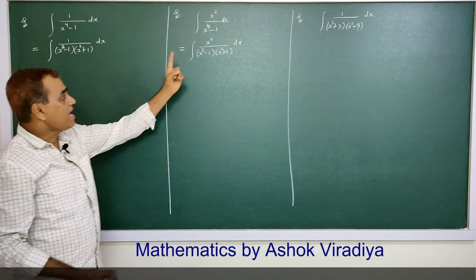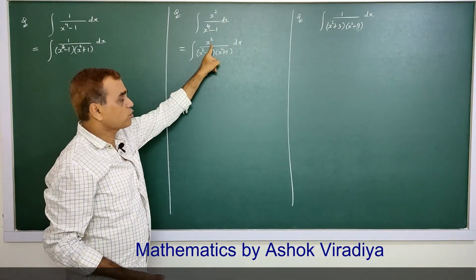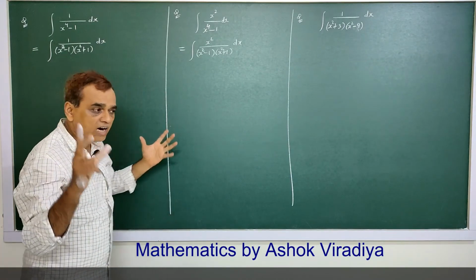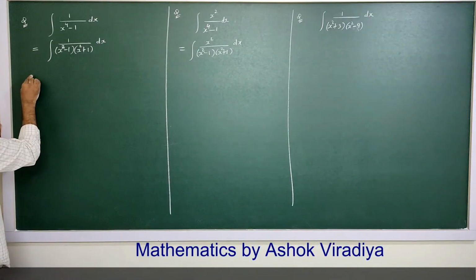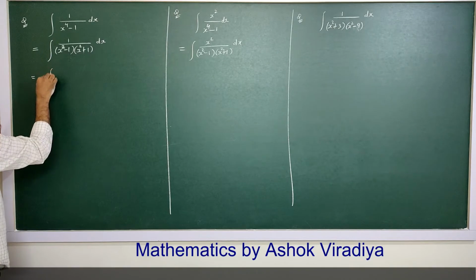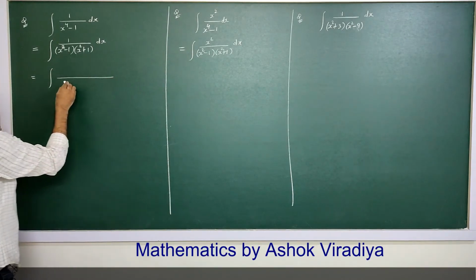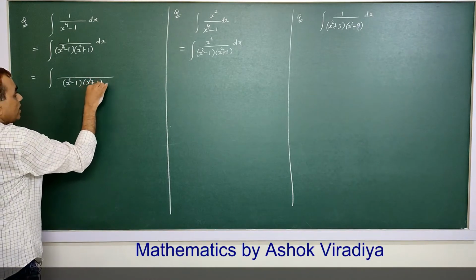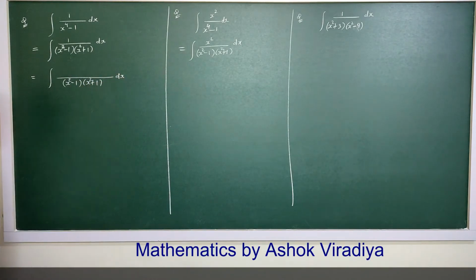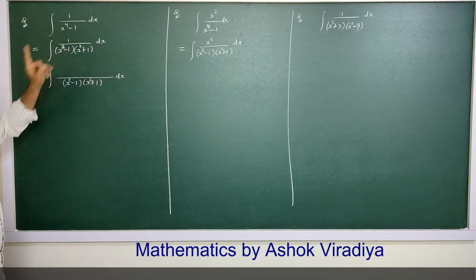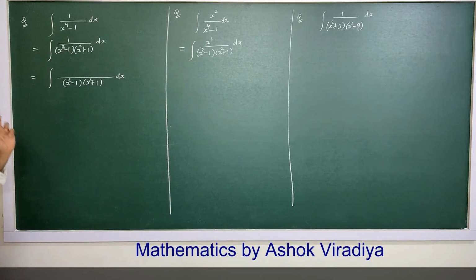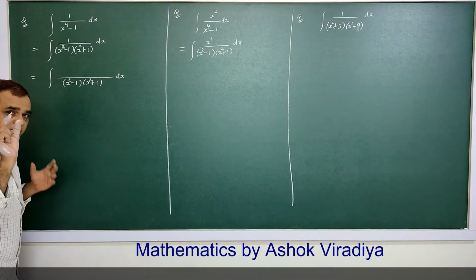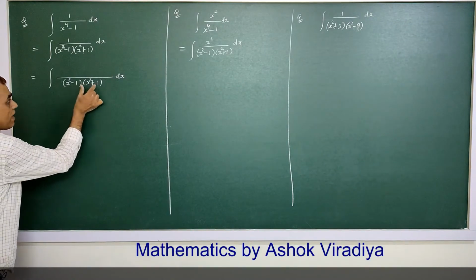Here also x square, no x anywhere. Then how to solve this? Say here what I am doing: x square minus 1 into x square plus 1 dx. Now look, the numerator is 1. 1 can be expressed using these two factors.